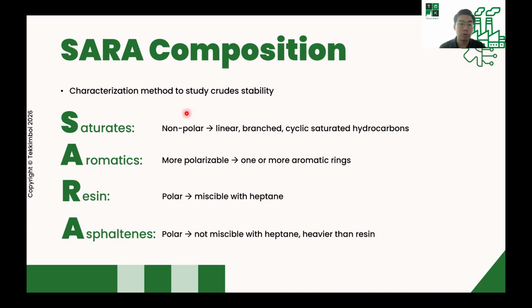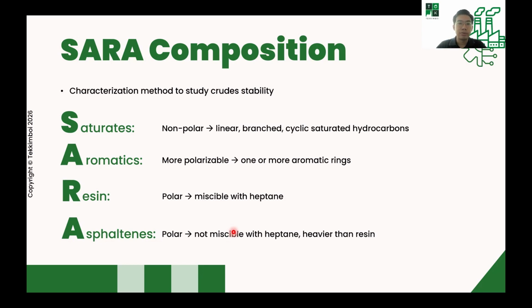Saturates is a non-polar fraction. It could be linear, branched, or cyclic saturated hydrocarbons, while aromatics are more polarizable and contain one or more aromatic rings. Then resin is polar. It is miscible with heptane. And lastly, asphaltene is also polar, but it is not miscible with heptane, and it is heavier than resin.